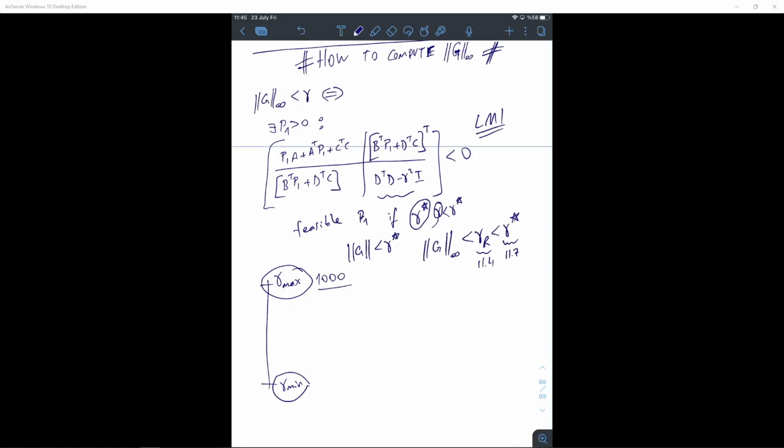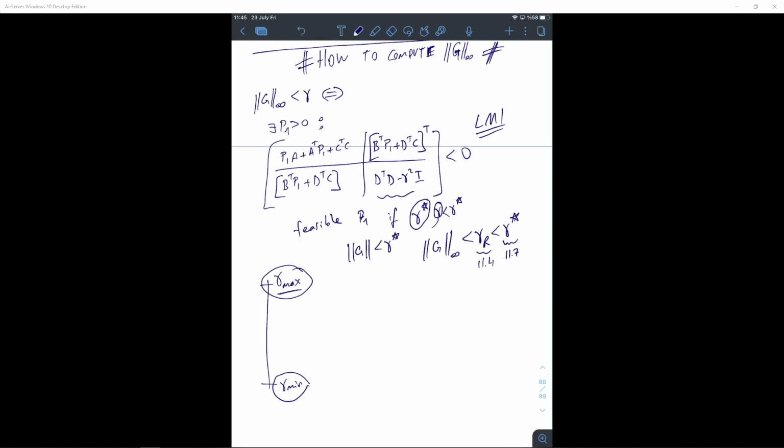We just want to make sure that this is really greater than the real norm. And gamma min can be really small numbers like 0.000 or something, right?